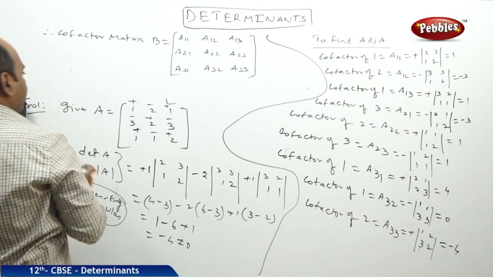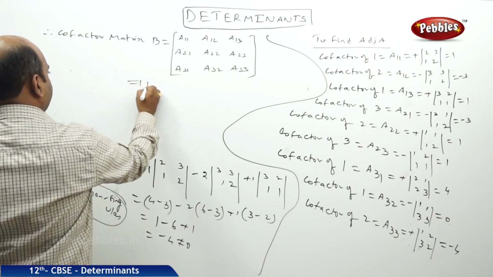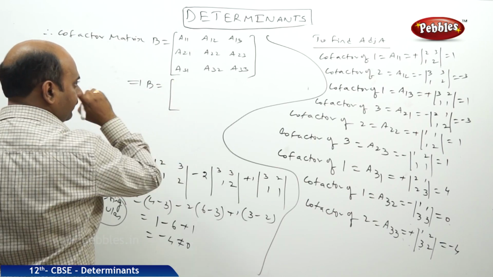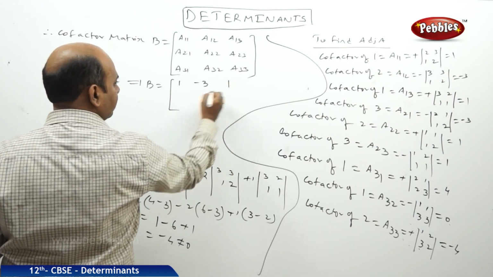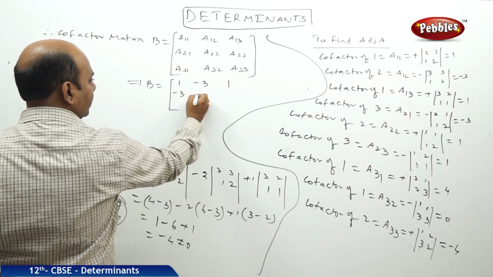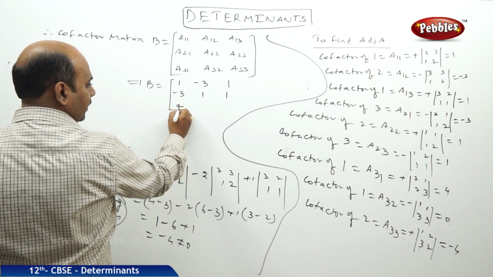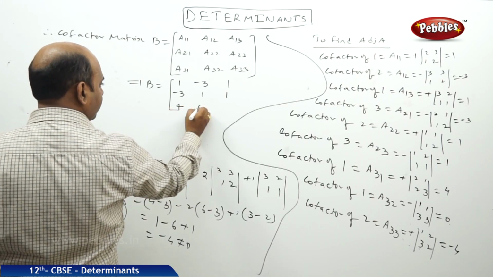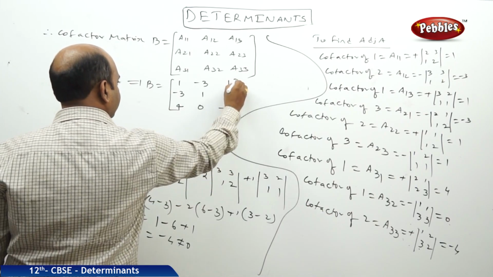Now in place of those I need to write, that implies capital B is equal to A11 means 1, later minus 3, later 1, later minus 3, later 1, later 1, later 4 I got as A31, A32 means 0, and later A33 means I got as minus 4.